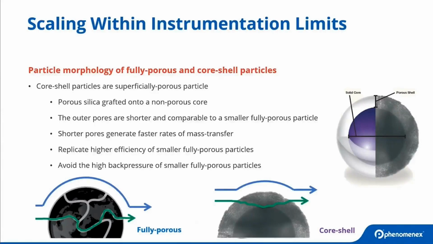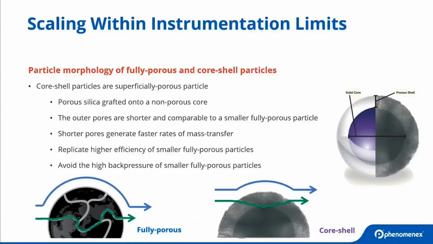The resulting pore channels feature a shorter length than the pore channels that bore through a fully porous particle of the same size. To walk through that visually, we are looking at two particles that are the same size, and yet you can see how the fully porous particle features longer pathways through the particle when compared with a core shell particle of the same size.